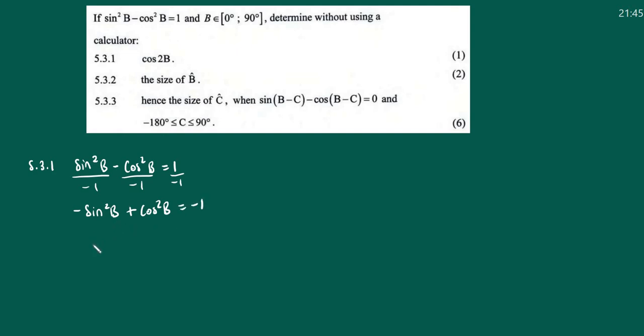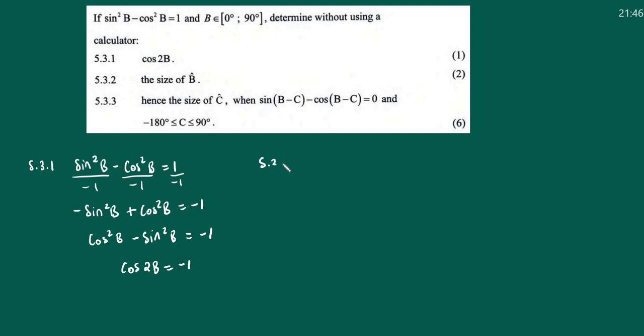Why? All in the name of wanting cos squared b minus sine squared b, since that reminds me of our nice lady Vivian, cos 2 beta. So this would be cos 2 beta, and then the answer will be -1. That will give you 1 mark for 5.3.1.